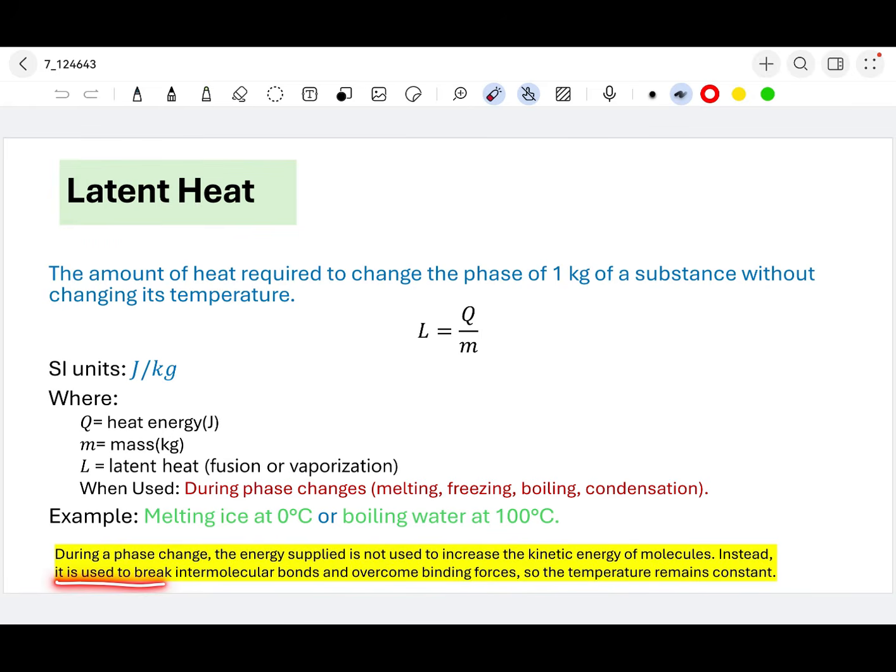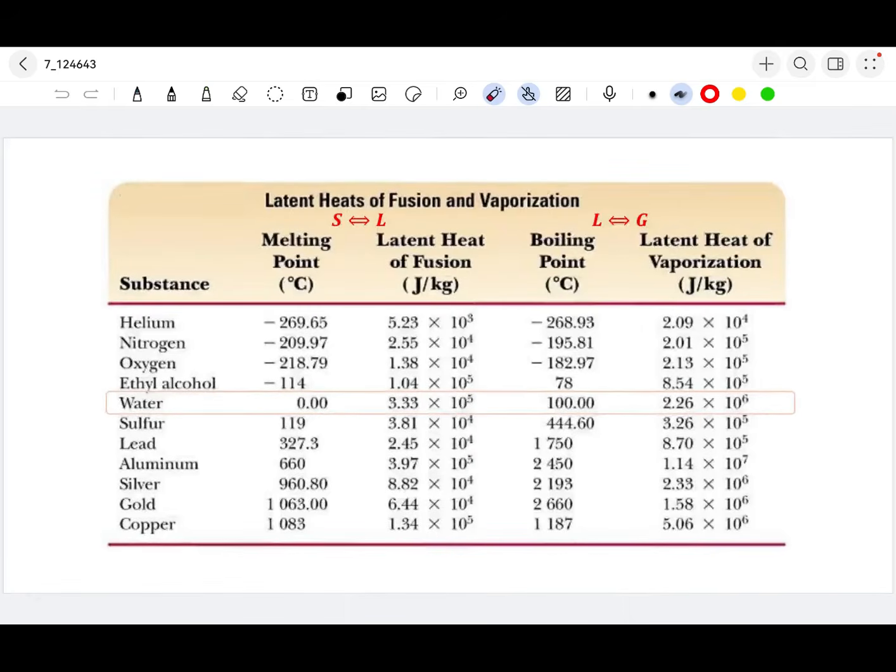Instead, it is used to break the intermolecular bonds and overcome the binding forces, so the temperature remains constant. Next, a table is given with the latent heats of fusion and vaporization for different substances, with melting points and boiling points, the complete table.